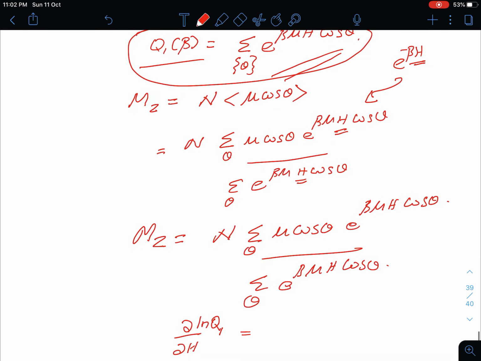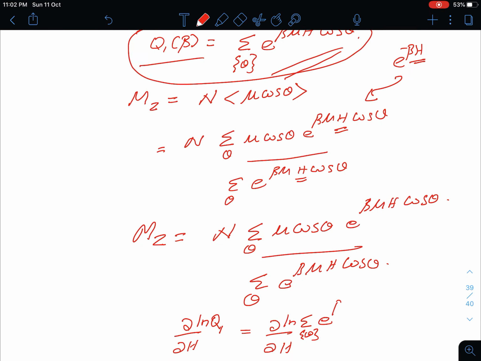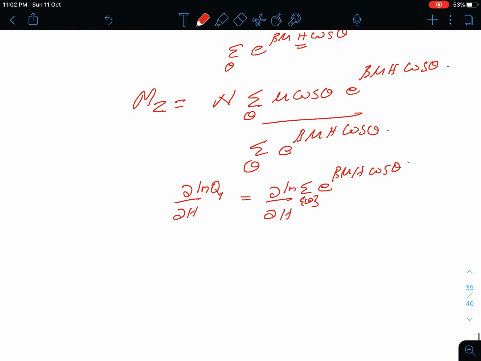So ln of that, dou by dou h of ln of sigma theta e raised to beta mu h cos theta. Okay, so the first step is ln, so that would be simply e raised to beta mu h cos theta. Now taking the derivative with respect to h, that is e raised to beta mu h cos theta.